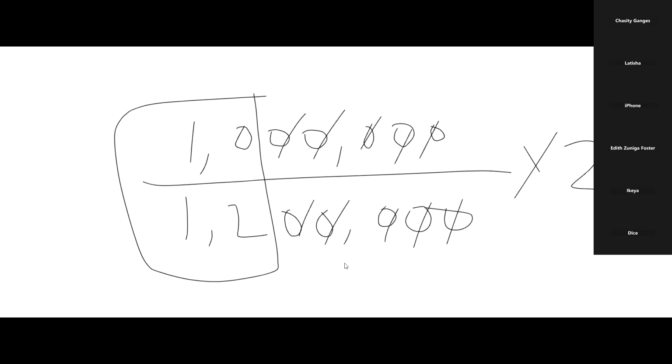Okay. So what did we get here? 1.7. Okay. What if I said rounded to the nearest 100th? 1.67. And what about the nearest whole number? 2.